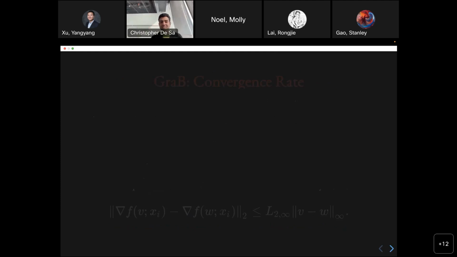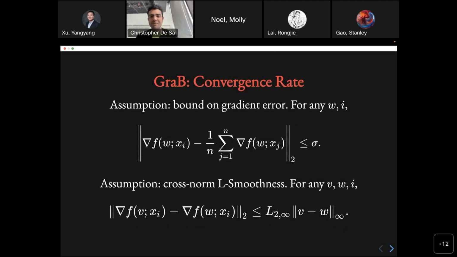And the nice thing about this is that we're able to get some cool convergence rate bounds. So we bound the gradient error: we suppose that every example gradient is within an error bound sigma of the full batch gradient.